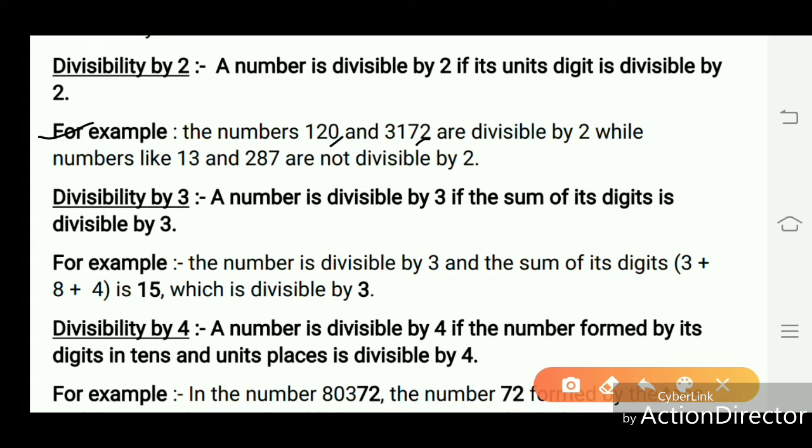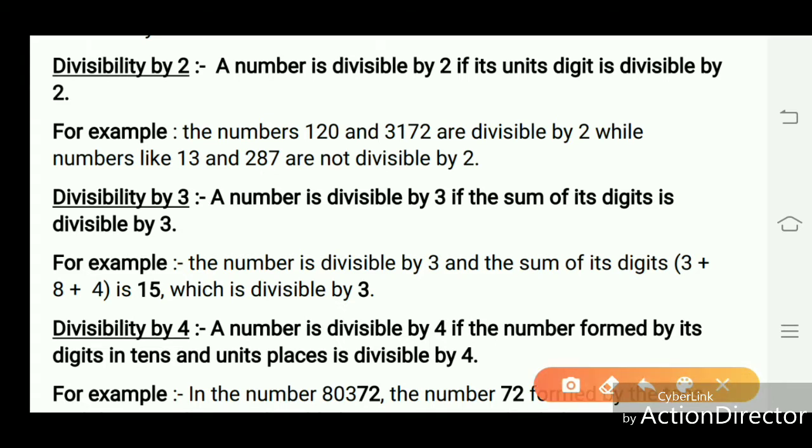While numbers like 13 and 287 are not divisible by 2 because 13 has unit digit 3 and 3 is not divisible by 2, so the number is not divisible by 2. And 287 has unit digit 7 and 7 is not divisible by 2, so the number 287 is not divisible by 2.